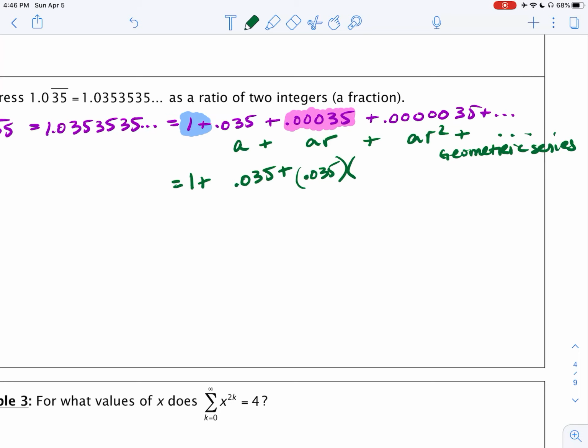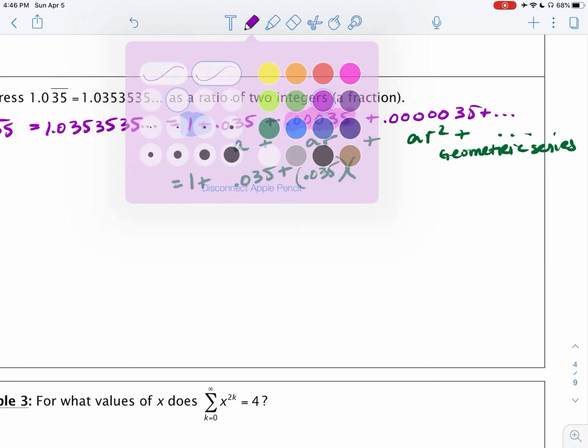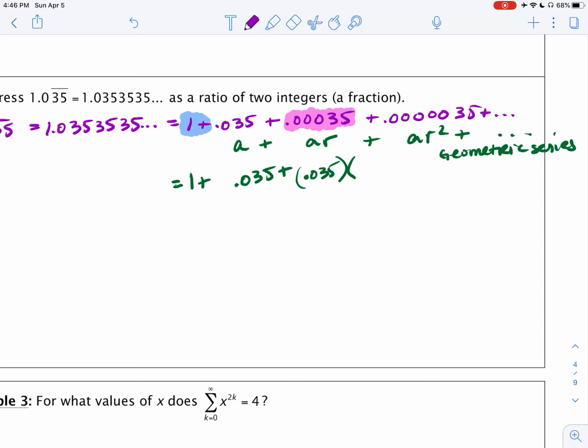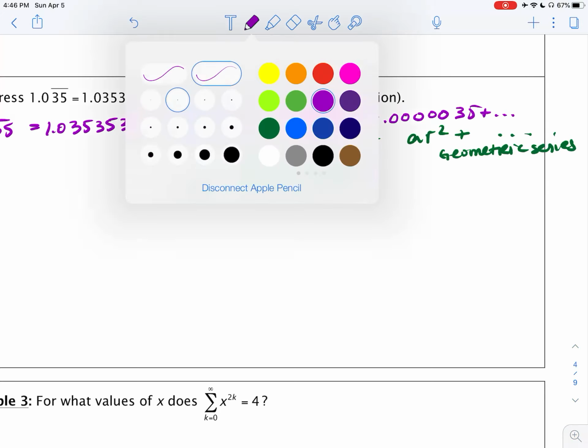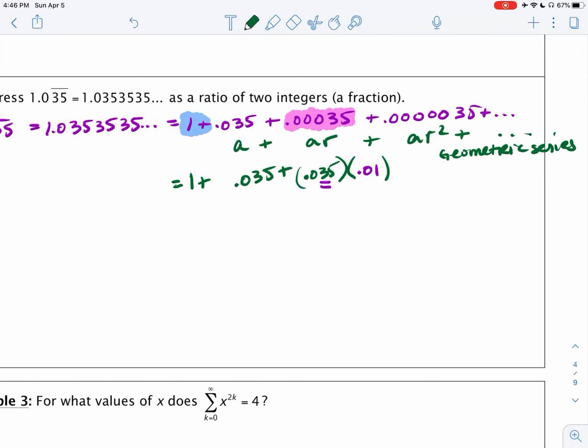We notice that the 35 portion is what I'm adding. So how many decimals does that take up? We want to say that that's times 0.01, right? If I were to multiply by 0.01, I would be moving the decimal over, and I would have my 3 zeros as I needed.